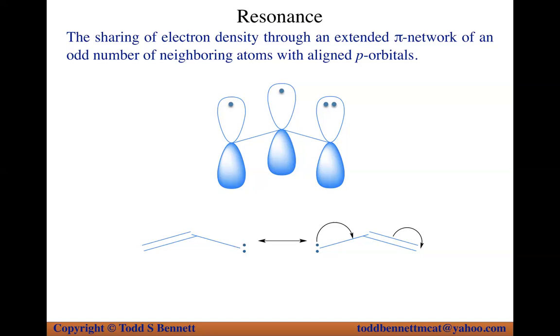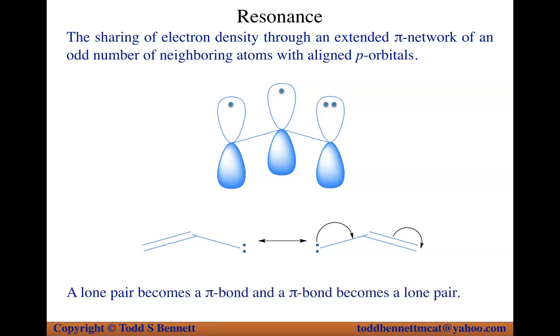Okay, this is your first introduction to resonance. Absolutely imperative that you draw the structures correctly. So just remember, a lone pair can become a pi bond can become a lone pair. Most often, both of those occur as we draw one resonance structure compared to another. What this means chemically is these electrons are constantly moving back and forth. They're resonating.